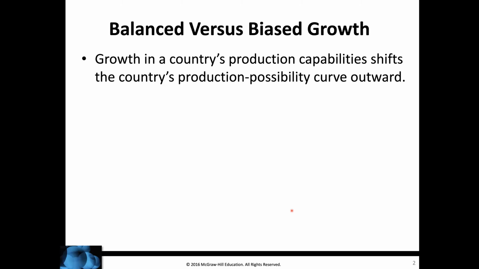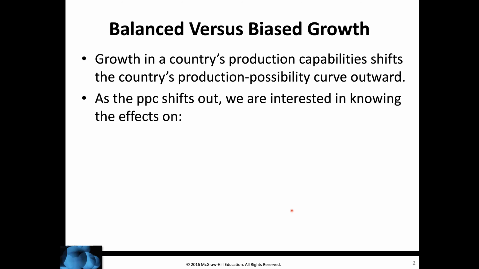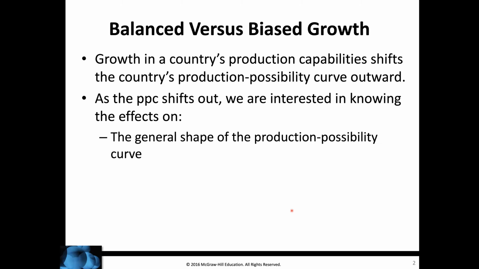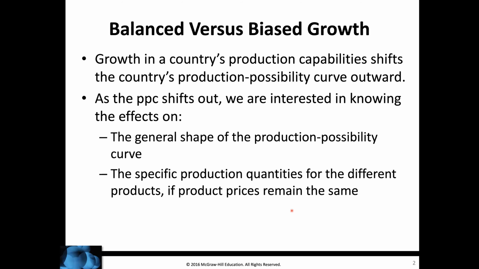The first concept we'll look at is balanced versus biased growth. So growth in a country's production capabilities shifts the country's production possibility curve outward. As the PPC, production possibility curve, shifts out, we're interested in knowing the effects on the general shape of the production possibility curve and the specific production quantities for the different products if product prices remain the same.